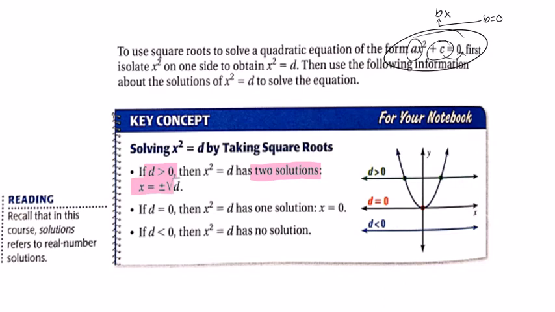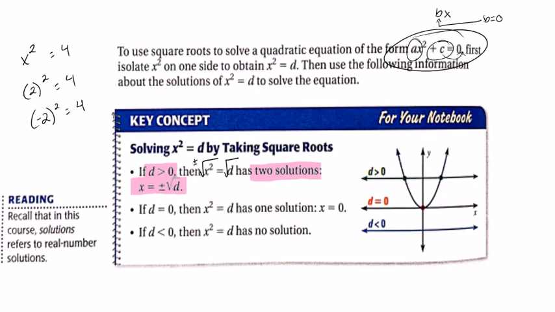When I take the square root of something squared, this is something that we cover very thoroughly in Algebra 2, I want to include a plus or minus, because if I have x squared equals 4, well, it could have been a positive 2 squared, which equals 4, or it could have been a negative 2 squared. Negative 2 times negative 2 is still a positive 4. So I have to account for both of those possible solutions.